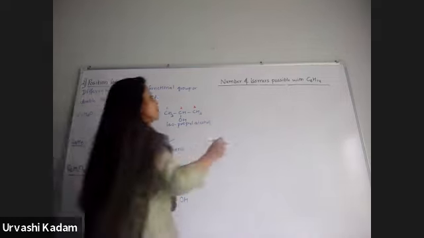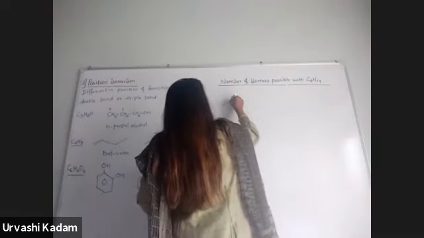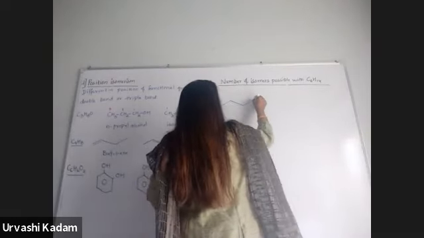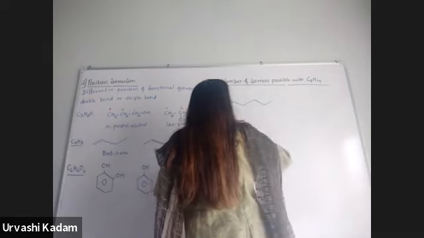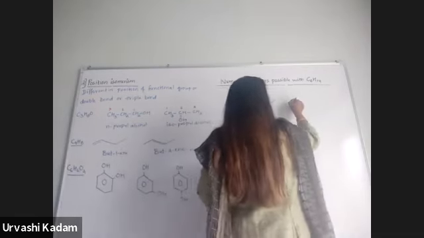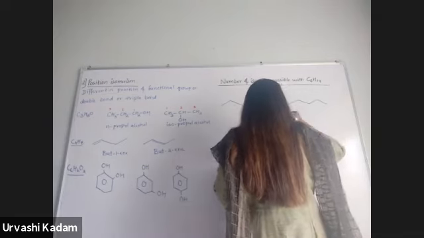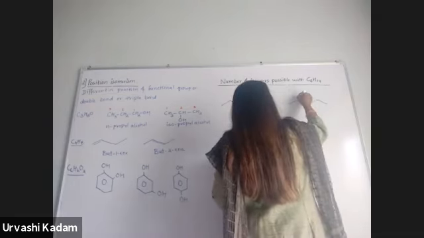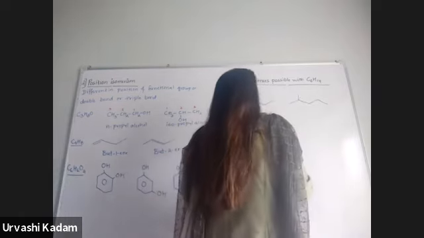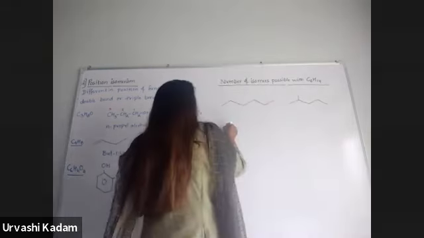So 6 carbons in straight chain, this one will be one isomer. What will be the other? Now let's put 5 carbons in a chain and a branch. Right? 5 carbon chain with a branch.